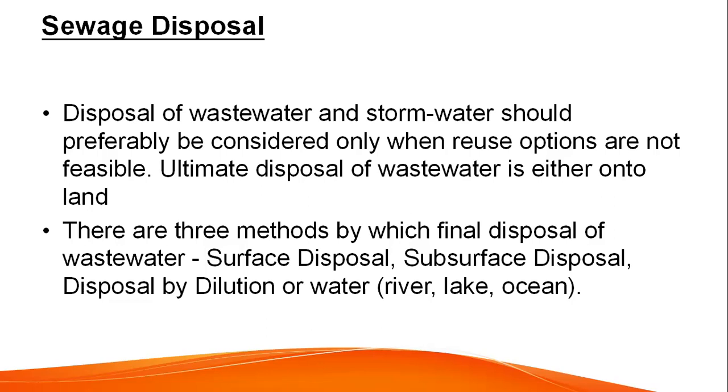This involves spreading the wastewater over the surface of the ground, generally by irrigation ditches. This method is largely restricted to small volumes of wastewater from a relatively small population where land area is available and nuisance problems will not be created. It has its best use in arid or semi-arid areas. So this was the surface disposal.